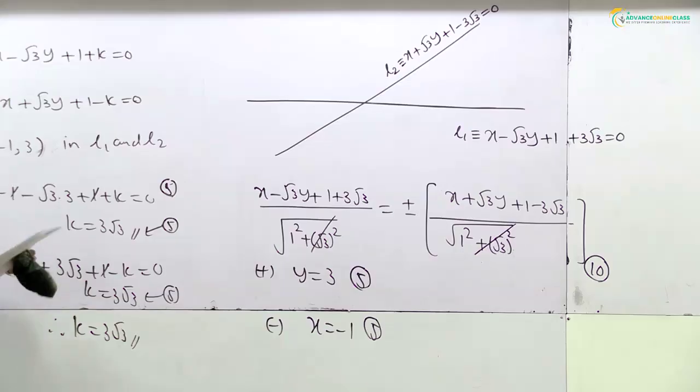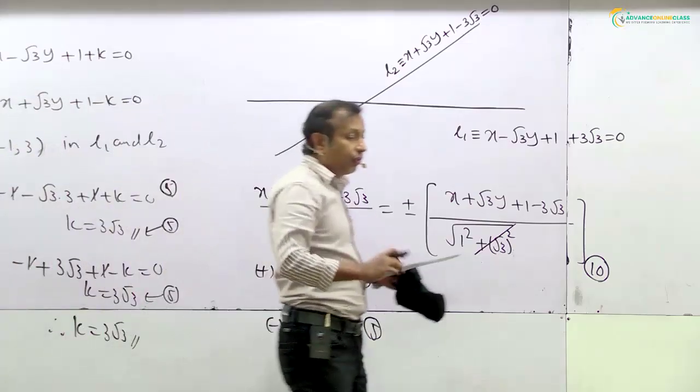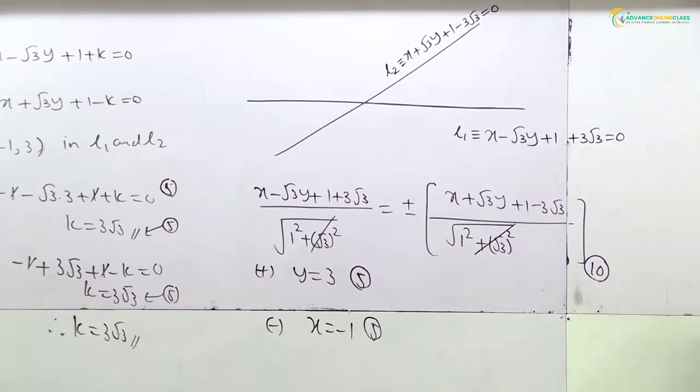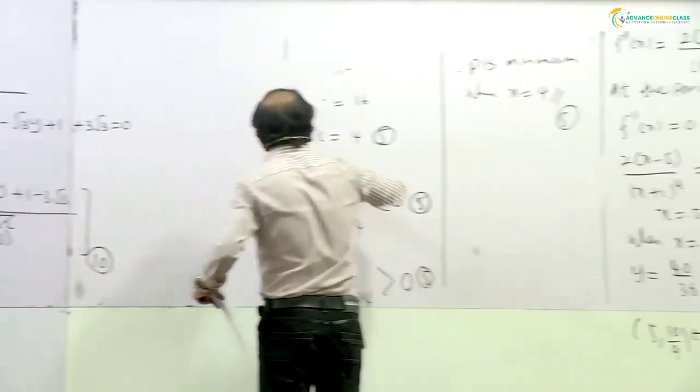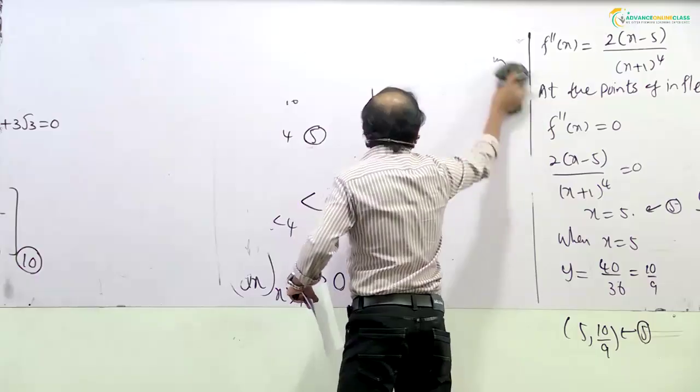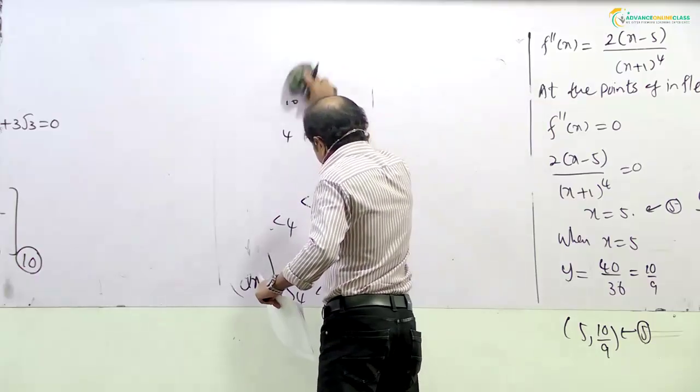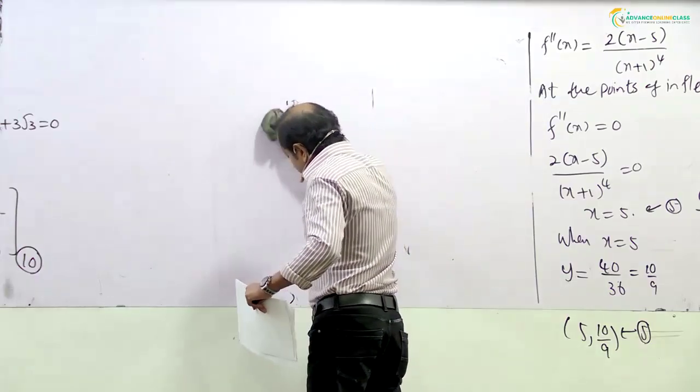Okay, now we need to find the acute angle bisector. But for the test for acute angle bisector, we use one bisector here.